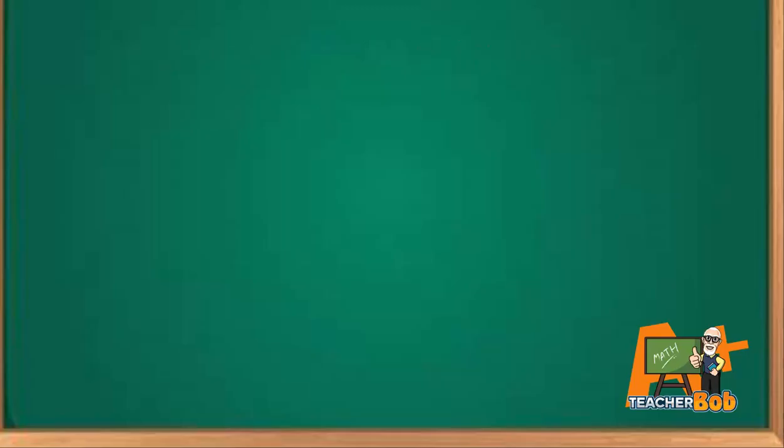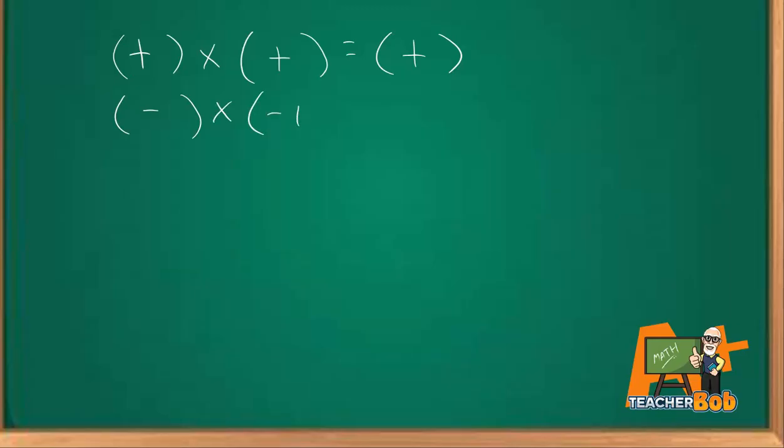When you multiply two positive numbers, your answer is going to be positive. If you multiply two negative numbers, a negative times a negative, you're going to get a result of a positive number.